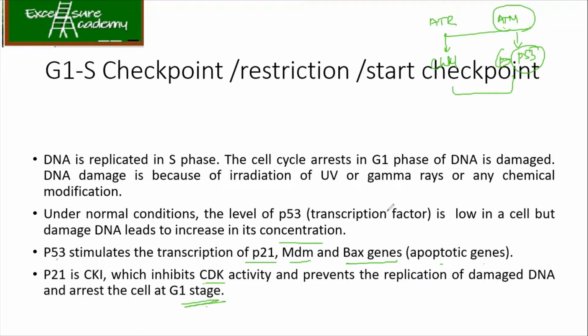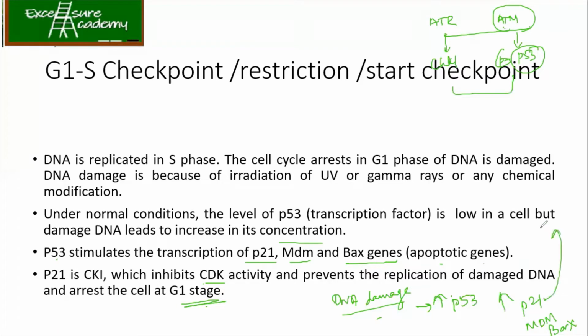Okay, so what did we just study? There is DNA damage. This damage could be because of gamma radiation or chemical modifications. This results in increased concentration of P53. This is going to increase the concentration of P21, MDM protein and the BAX gene. Now, what is P21? It's a checkpoint kinase inhibitor.